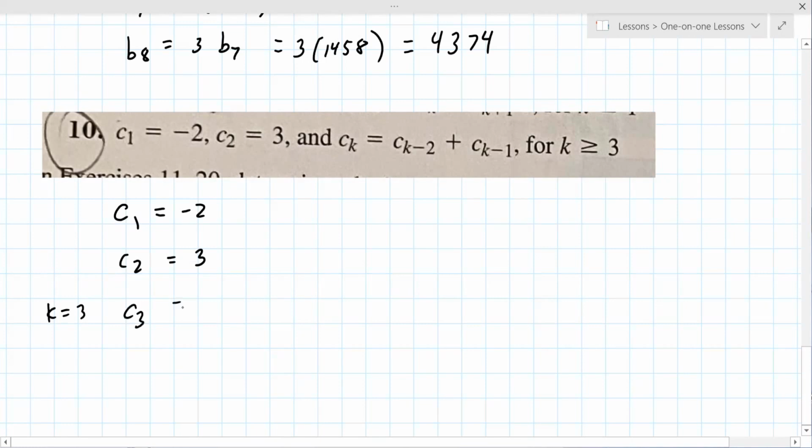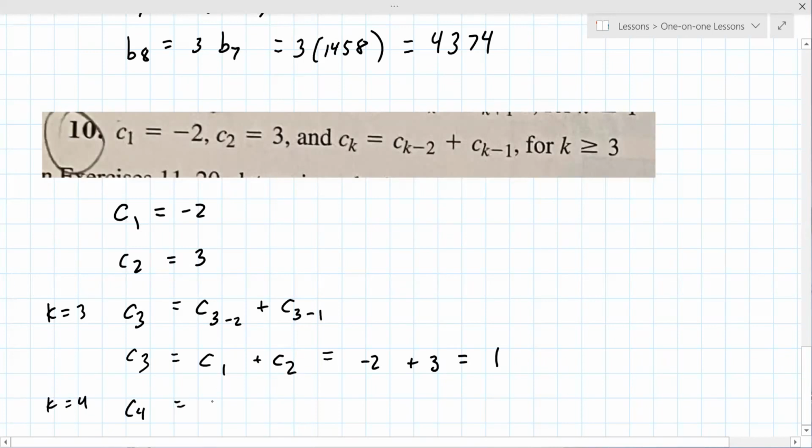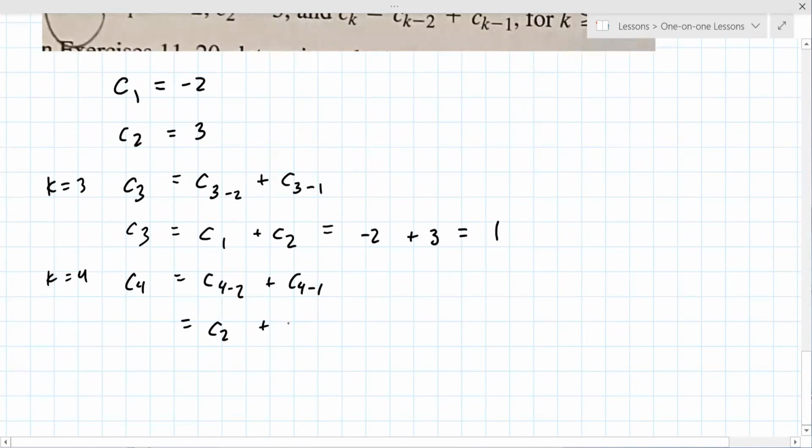So C3 equals C_(3-2) plus C_(3-1), and you'll see that reduces to C1 plus C2. So C3 is equal to whatever C1 is, which is -2, plus whatever C2 is, which is 3, and it equals 1. Okay. So now C4, that's when k equals 4, that's equal to C_(4-2) plus C_(4-1), and that's C2 plus C3.